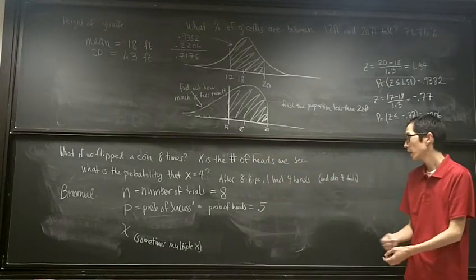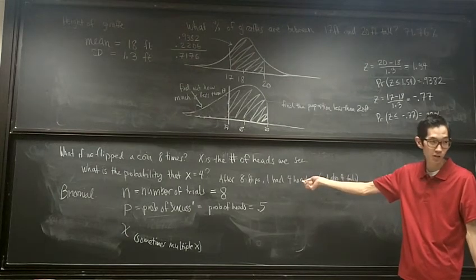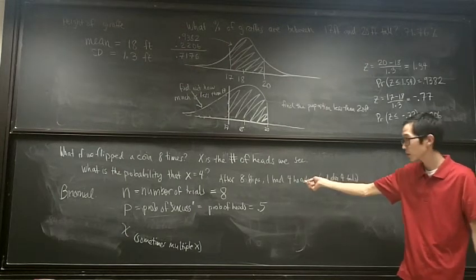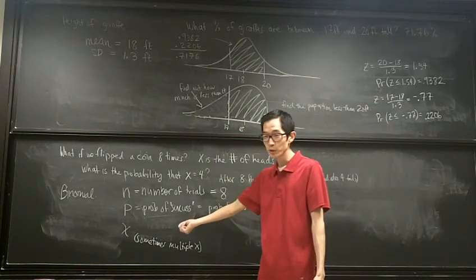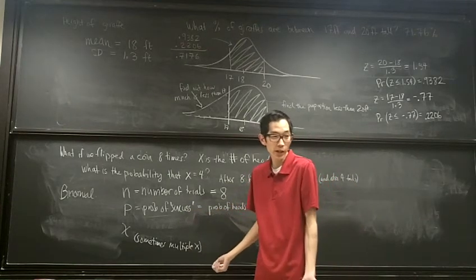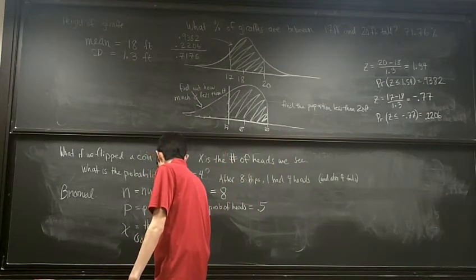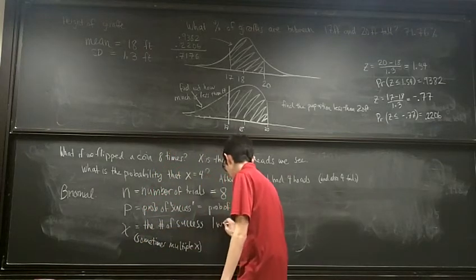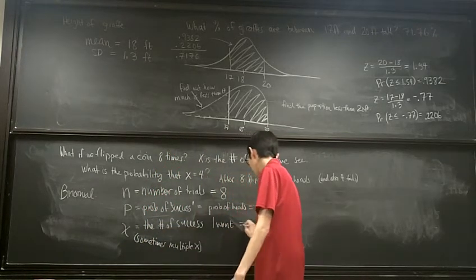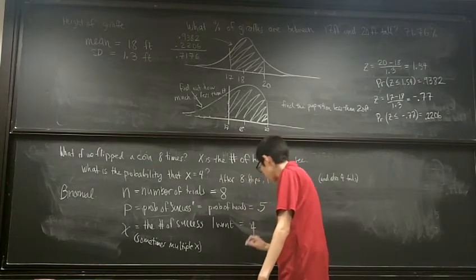X is the specific number of successes that I'm looking for in my question. So when I say, what's the probability that x equals 4, the x that I'm looking for is 4. I'm looking for 4 heads. X is the number of successes I want.